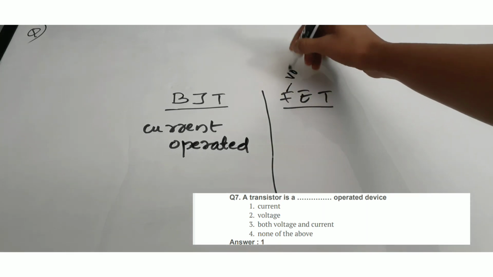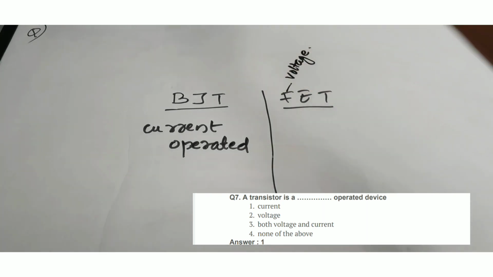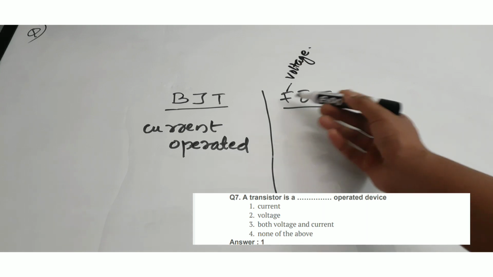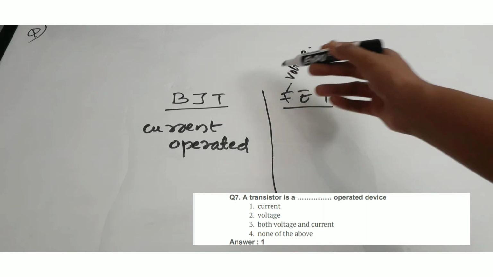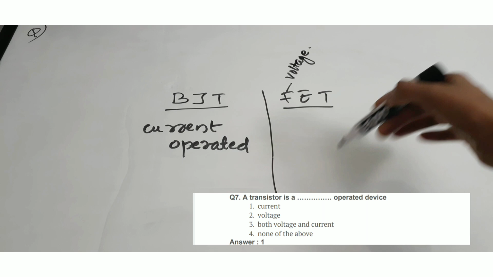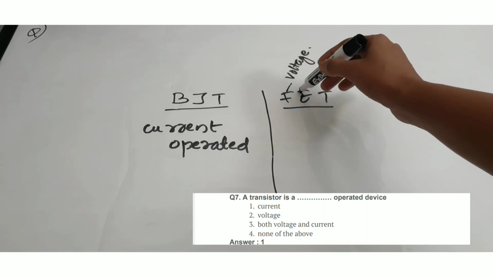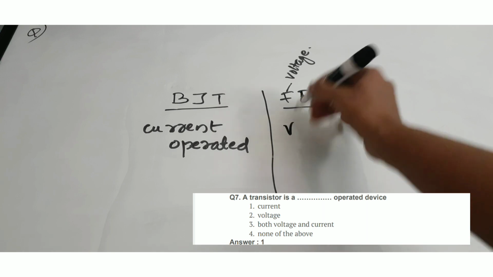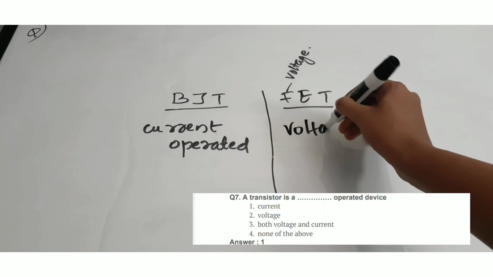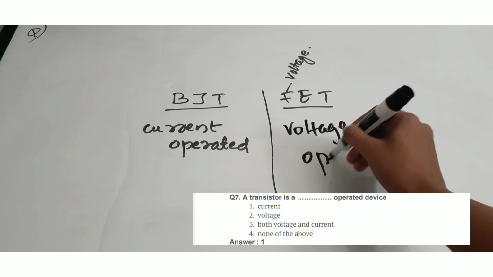Field means voltage. So the effect of voltage is actually happening inside the field effect transistor, or FET. So this is voltage operated.